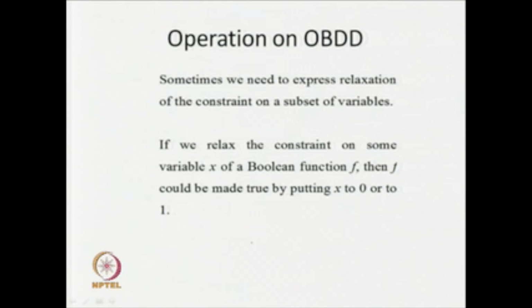So, we are talking about some functions, say if I am having f of x y z, something like x y plus y bar z. In this particular case, this is a function that depends on these 3 variables.